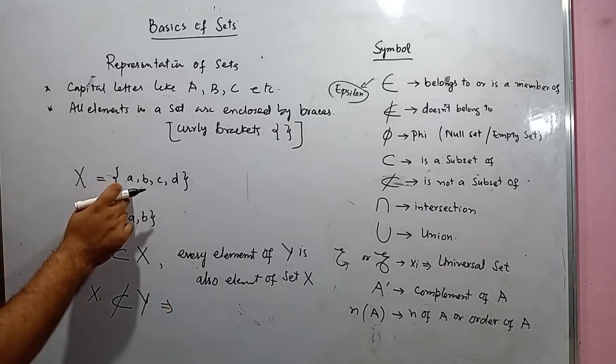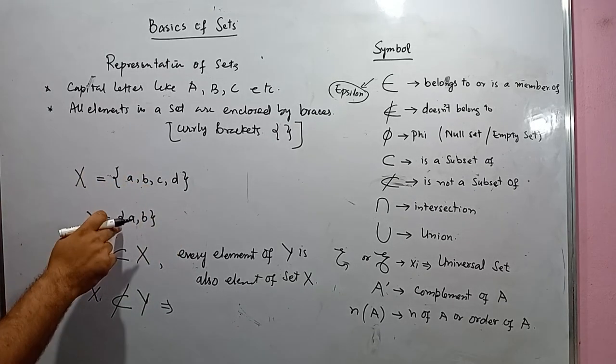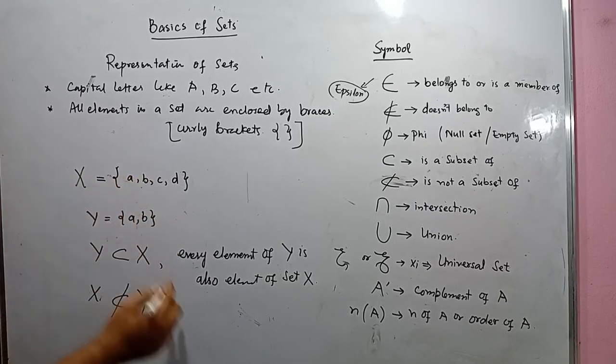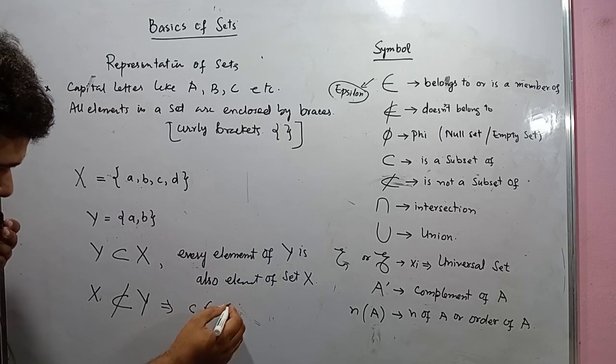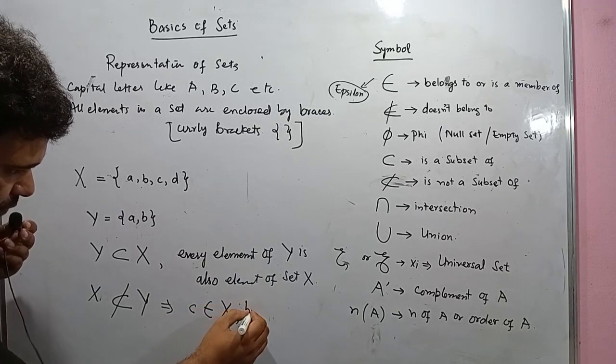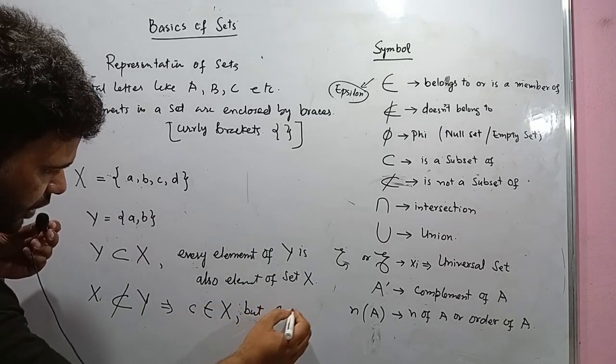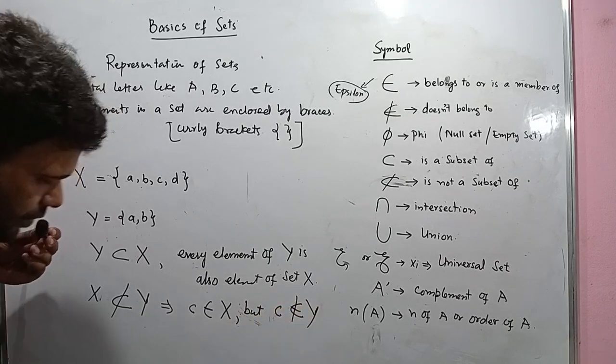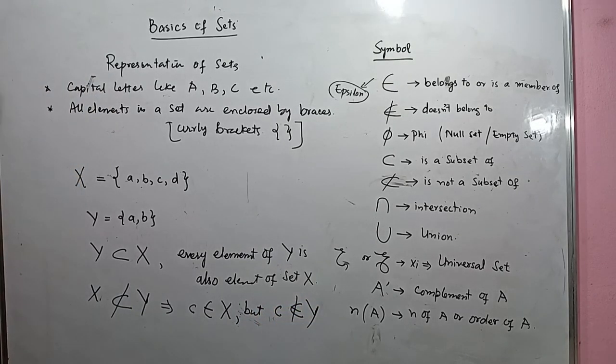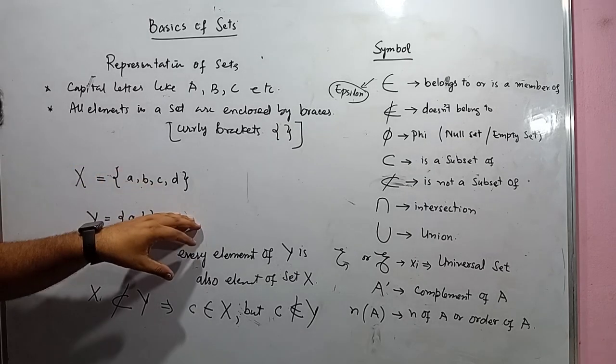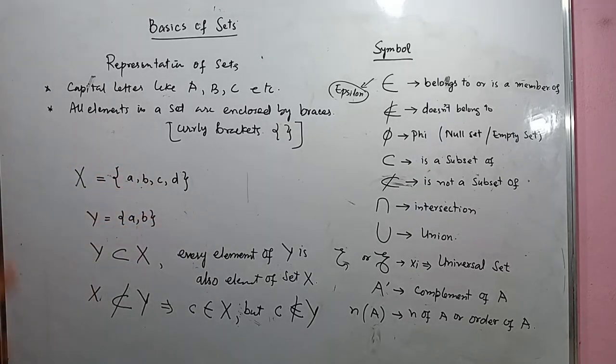Because not every element of X is in Y. You can see here C belongs to X, but C does not belong to Y. So we can say when every element of a set is also present in another set, then it becomes a subset of that set.